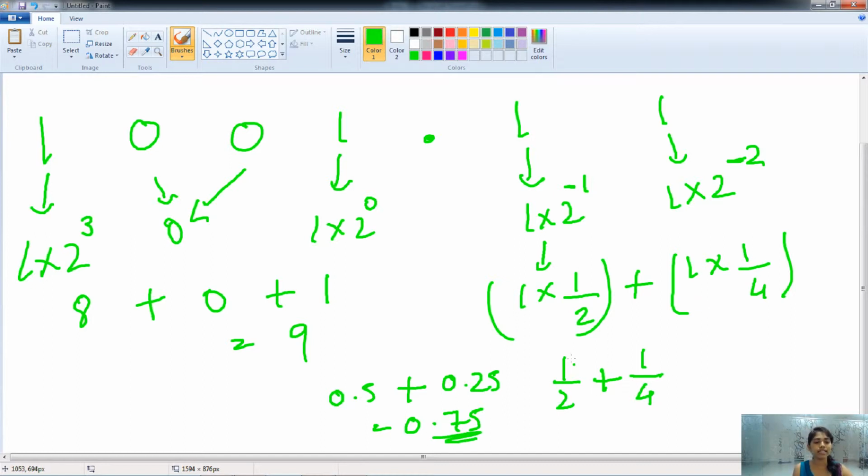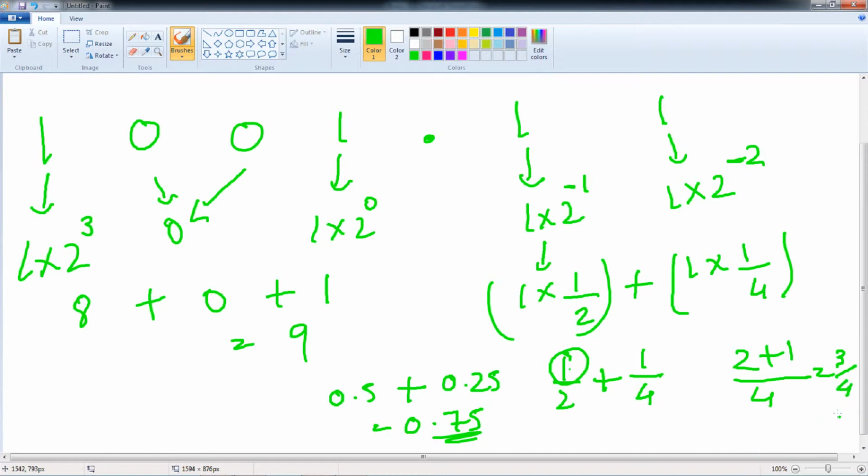And if we take the LCM, this would be multiplied with 2. So 1 into 2, 2 plus 1, denominator 4, we would get 3 by 4. And 3 by 4 is equal to 0.75.